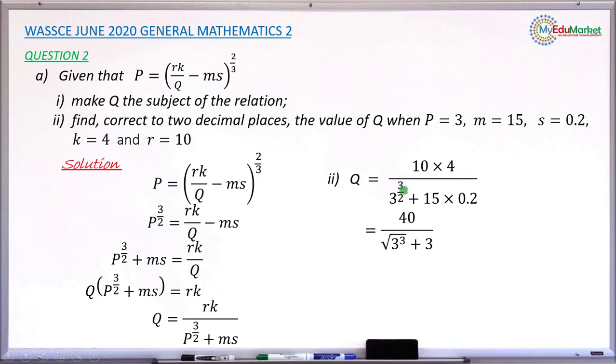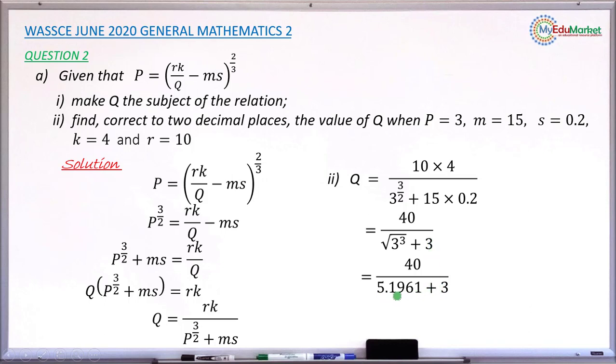And 3 raised to the power of 3 over 2 gives the square root of 3 raised to the power of 3. The denominator of the power gives you the root, while the numerator gives you the power. So we continue. Copying the numerator 40 over the square root of 3 cubed, that is the square root of 27, which gives 5.1961. Copy the plus 3.